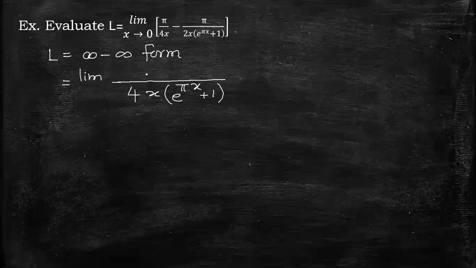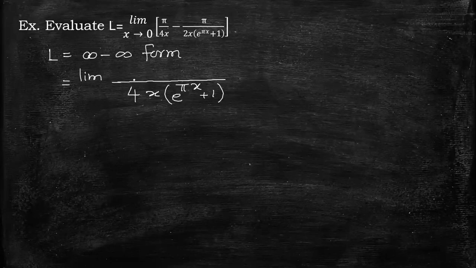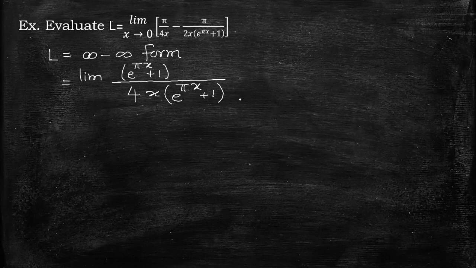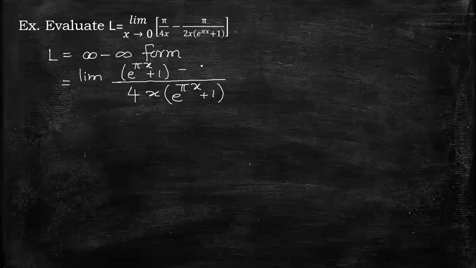Now, the first term is pi upon 4x, and as we have taken the entire thing as LCM, we have to write e to the power pi x plus 1, into pi. Pi must be there.